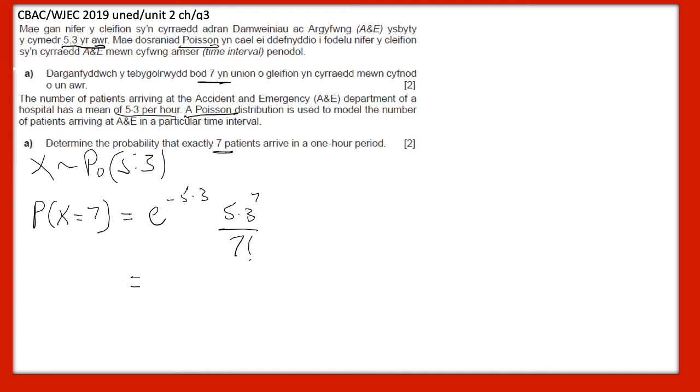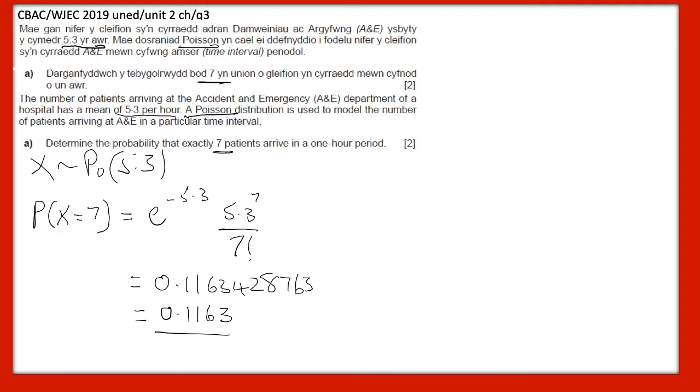Which will give us a calculated answer of 0.1163428763. Part of the difficulty we've got is that calculators are too accurate. So I would say 4 decimal places would be a reasonable degree of accuracy.